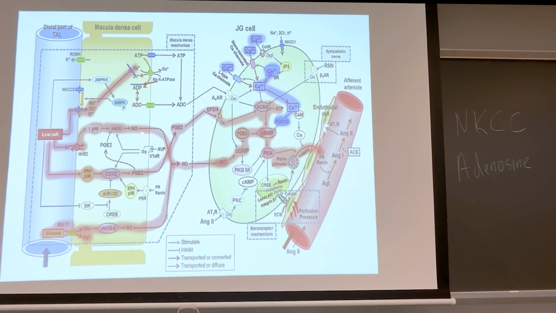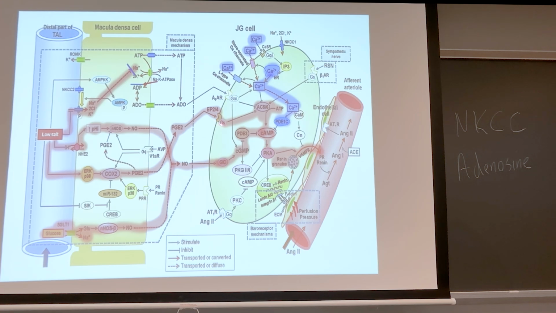Now, NOS and COX-2 produce nitric oxide and prostaglandin E2, right? Both of these will leave the macula densa and come over to the juxtaglomerular cell. Prostaglandin E binds to its receptor on the surface. This is an easy receptor.